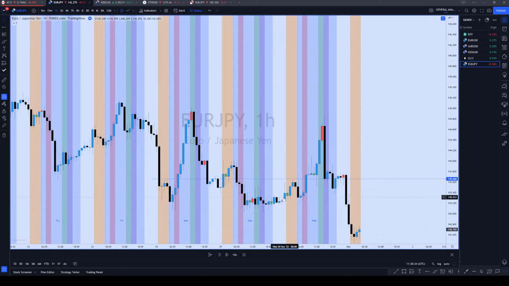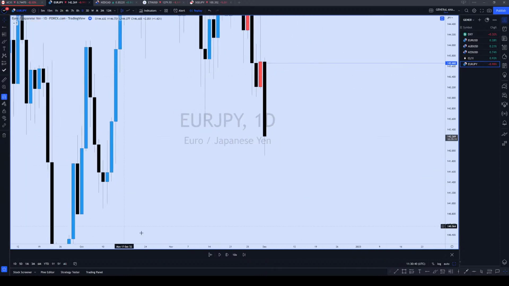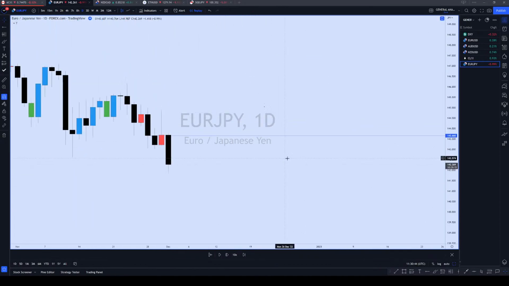And then subsequently we went down. Let's go back to daily. You can do that same thing over here. What's the closing price? Write it down, and then you go in hunting for a 1 hour rejection to close below that aggressively, and then you sell.